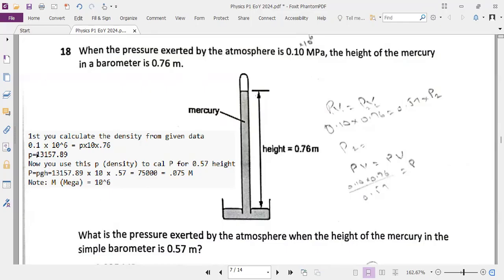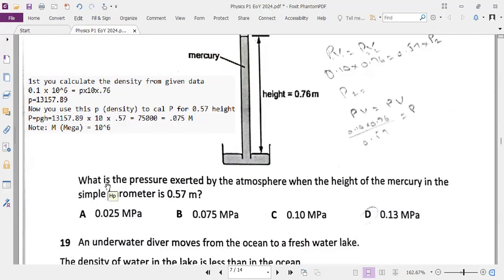And then you use this density and put it into the column whose height will be 6.57 meters into the same rho GH formula. These three values will give you 75,000 or 0.05 megapascals. Remember, the mega is 10 power 6. So the choice will be B. The student got it wrong.